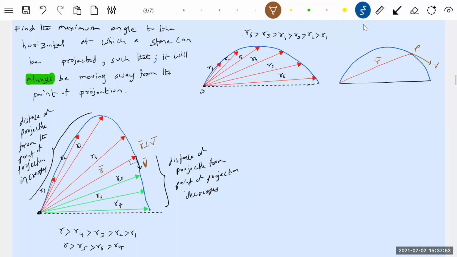There's a point, I'm projecting at an angle theta. Now let this be the y and this be the x coordinate. This one, at t equals 0, is where we have projected. This is the origin. Now here definitely R bar dot V bar.